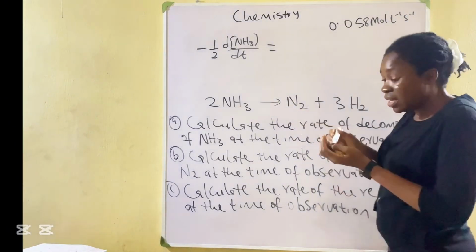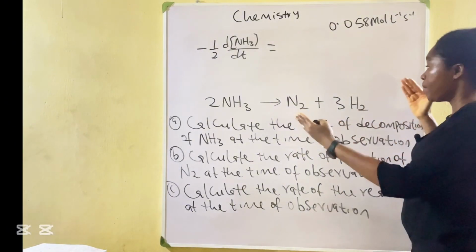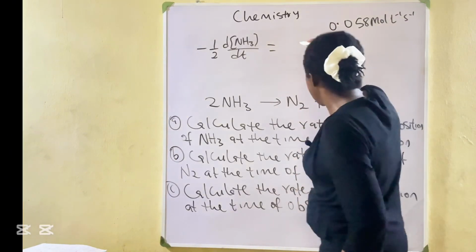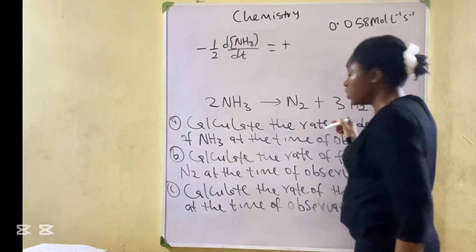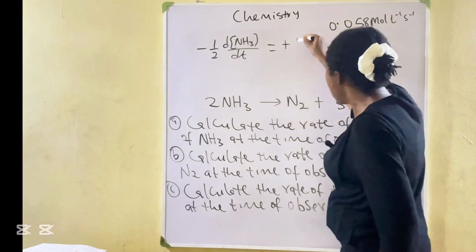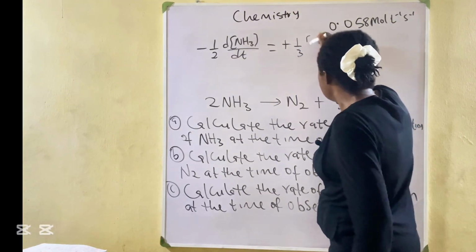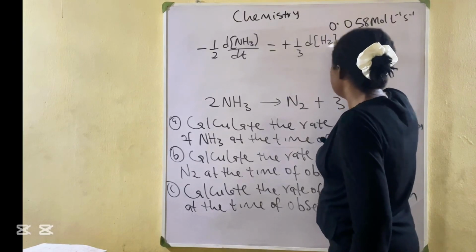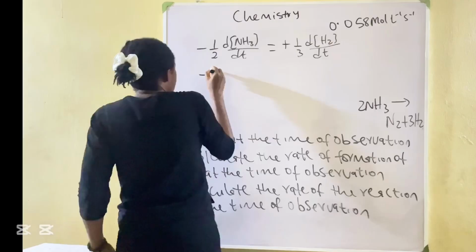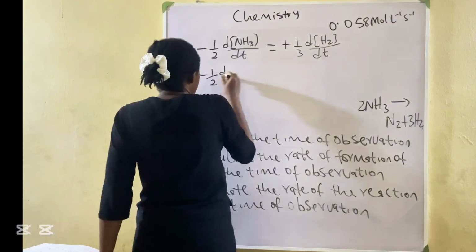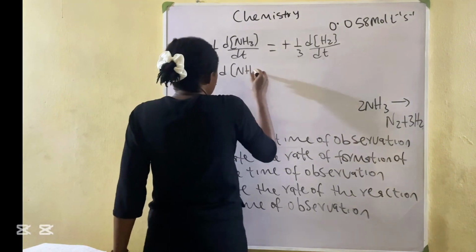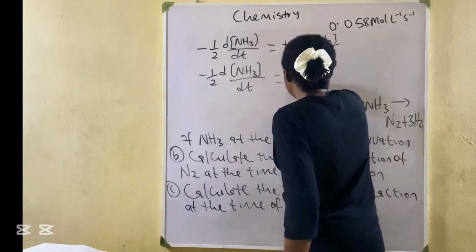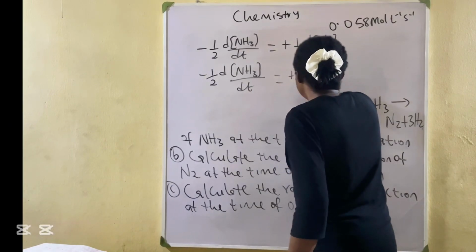So the relationship is between ammonia and hydrogen. So the one for hydrogen is plus, because it is on the product side, 1/3 change in concentration of hydrogen gas all over change in time.